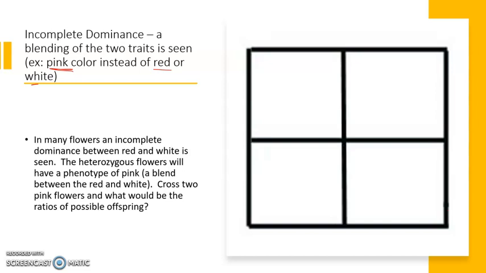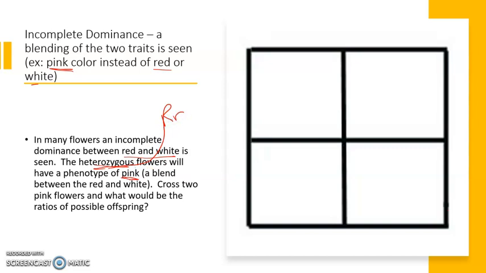So you will see both of them sort of blend and meld together. A really common example is red and white in flowers, where the heterozygous individual will be pink. So heterozygous would be big R, little r.